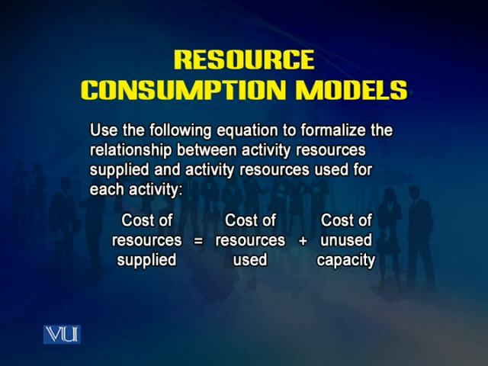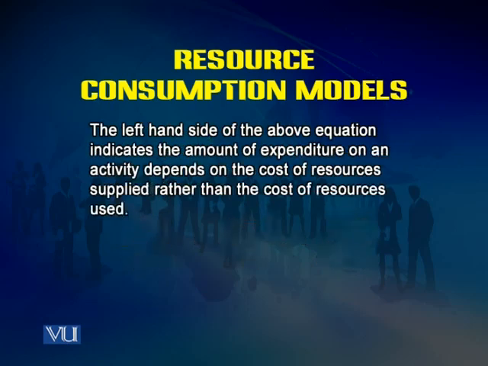Cost of resources supplied is equal to cost of resources used plus cost of unused capacity. The left-hand side of the above equation indicates the amount of expenditure on an activity depends on the cost of resources supplied rather than the cost of resources used.